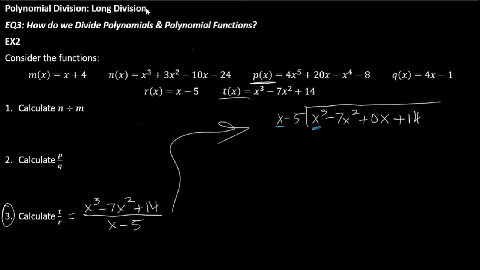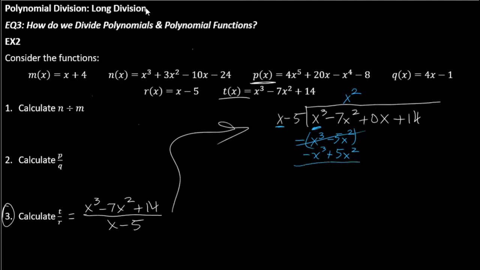So x times what gives me x to the third? Well, that would just be x squared. Okay, distribute that back in. x to the third minus 5x squared. Okay, subtract, so we need to distribute the minus, so negative x to the third plus 5x squared.